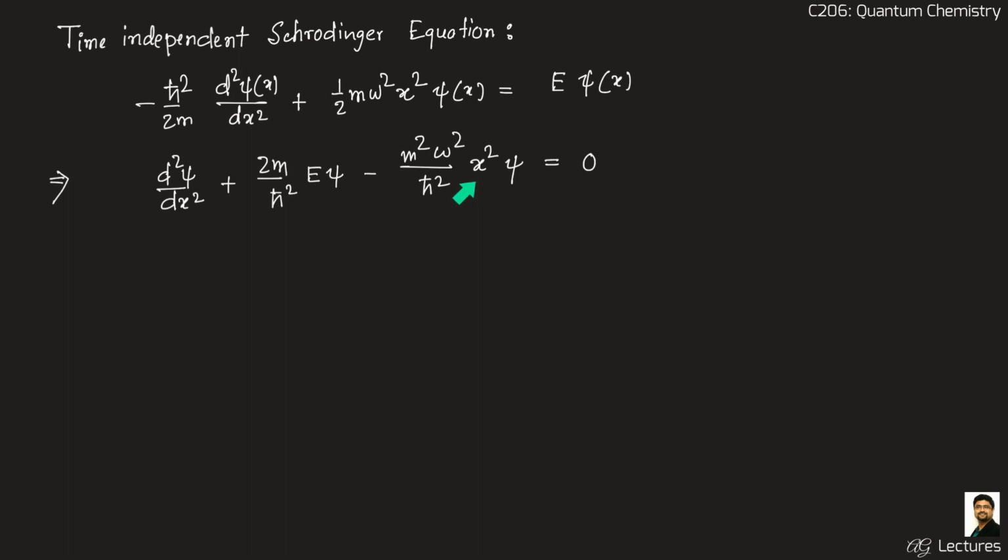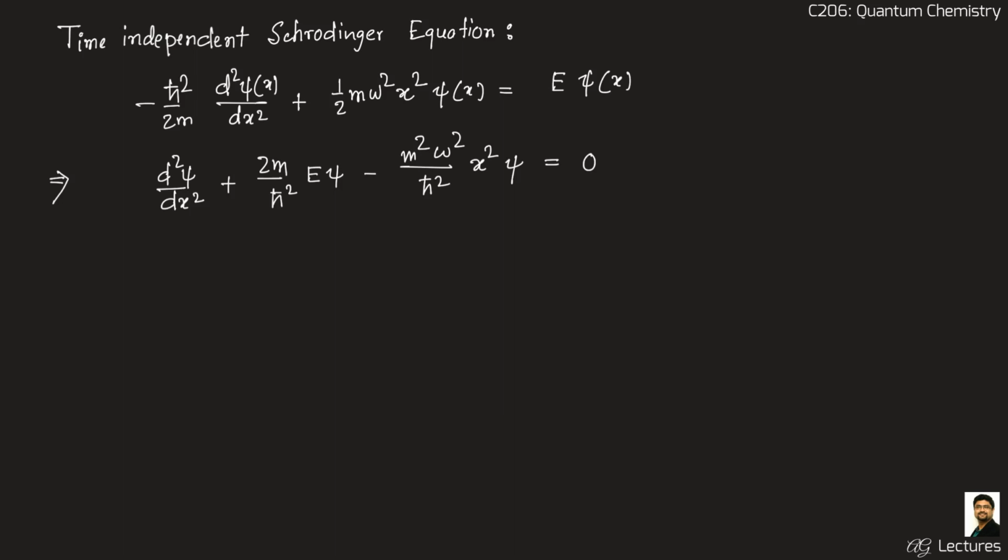So it is not a case of a homogeneous second order differential equation with constant coefficients. Rather, the coefficients are a function of the variable x, and therefore the solution of this equation is going to be slightly more tricky than the previous cases that we have solved so far.